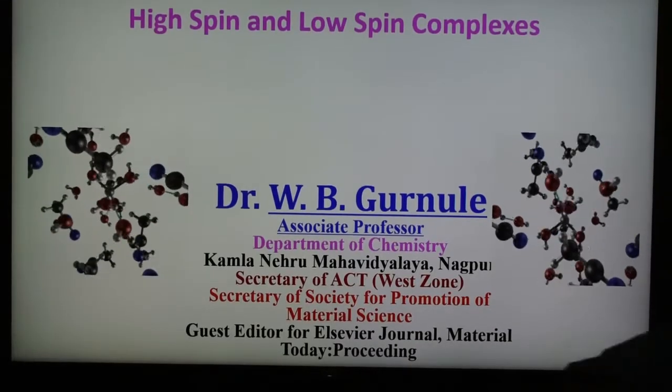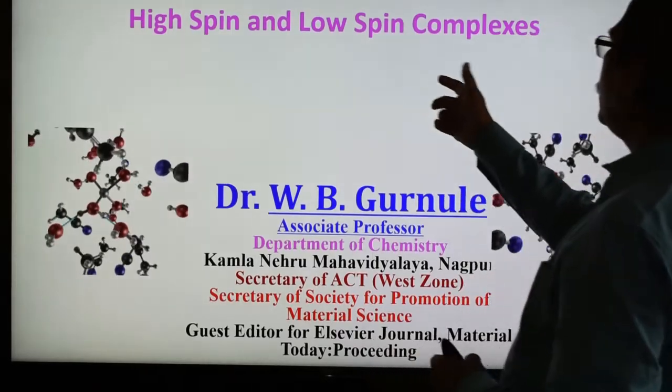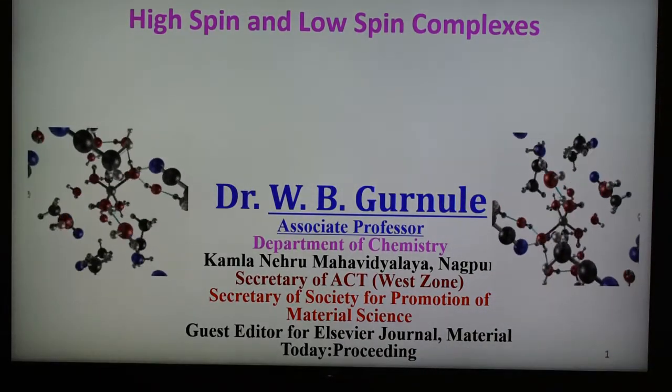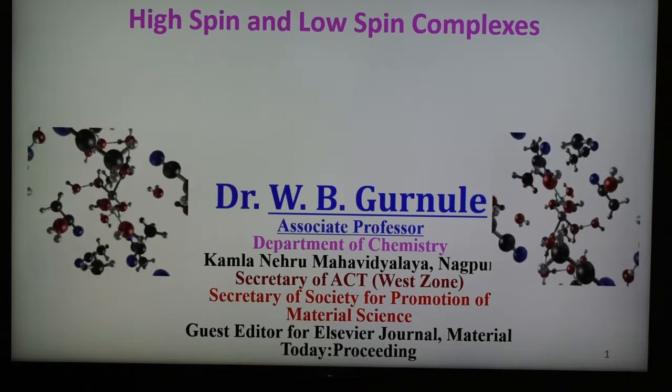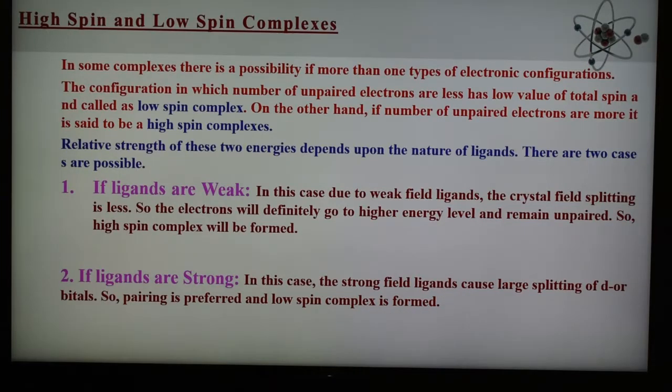So today's topic is high spin and low spin complexes. We are going to see what is meant by high spin and low spin, and what are the examples of these complexes. Some complexes show more than one type of electronic configuration.